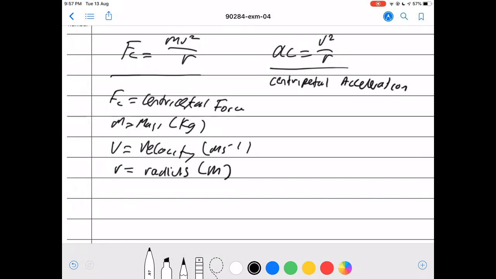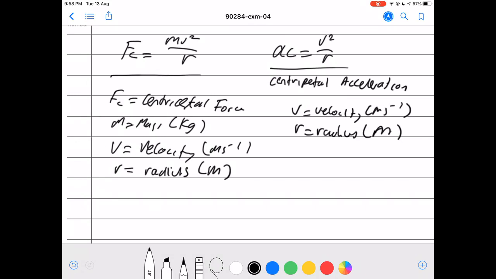Once again, V is velocity in meters per second, and R is radius in meters. These are the two main equations for circular motion.